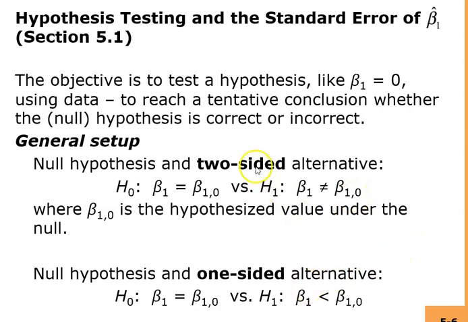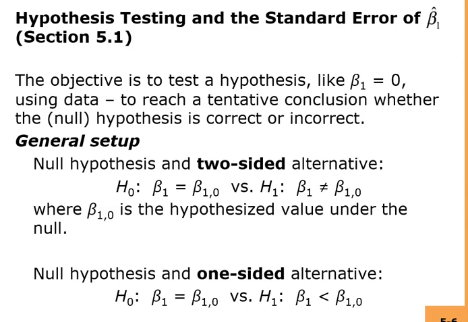So we can do a two-sided test when we are saying that beta 1 is not equal to the hypothesized population estimator, or we can do a one-sided test, in which case the alternative hypothesis will become either that beta 1 is less than the hypothesized population estimator, or beta 1 is greater than the hypothesized population estimator.